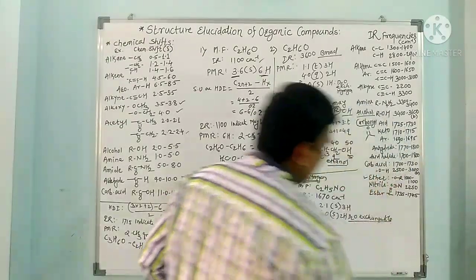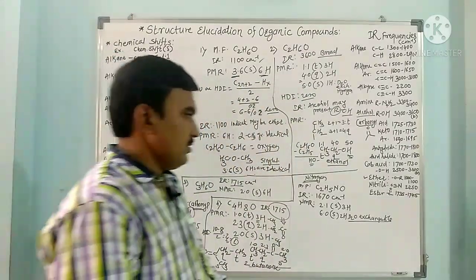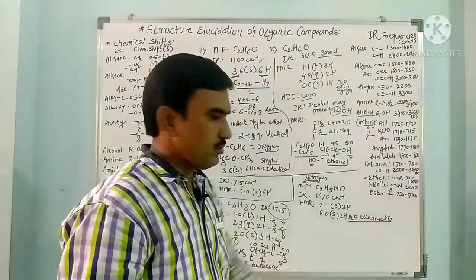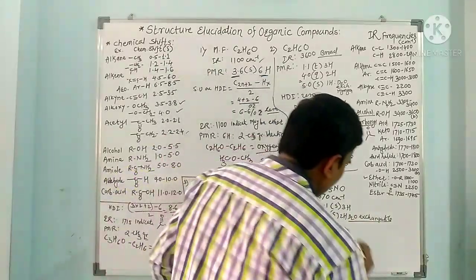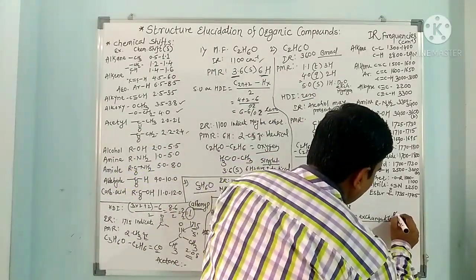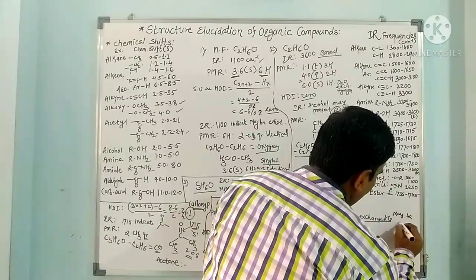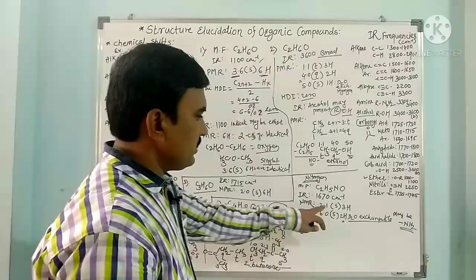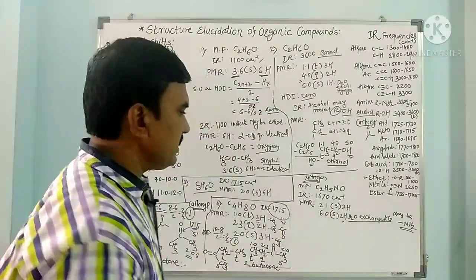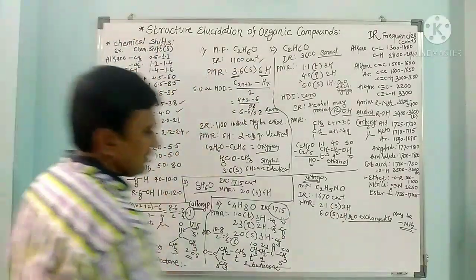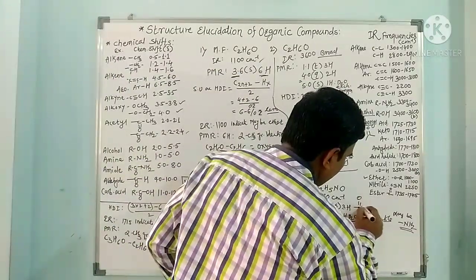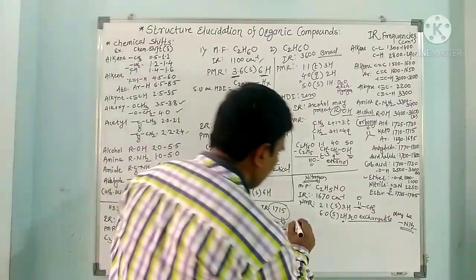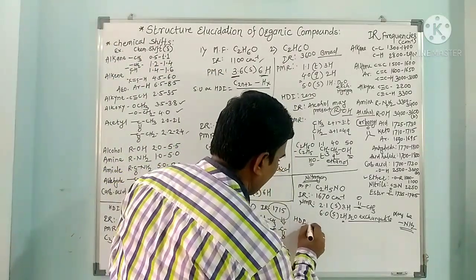Whenever oxygen or nitrogen is there, it may contain either OH or NH2, but here these are 2 hydrogens, so it indicates maybe NH2. And this 2.1 singlet by 3 hydrogens clearly indicates acetyl is there, COCH3.